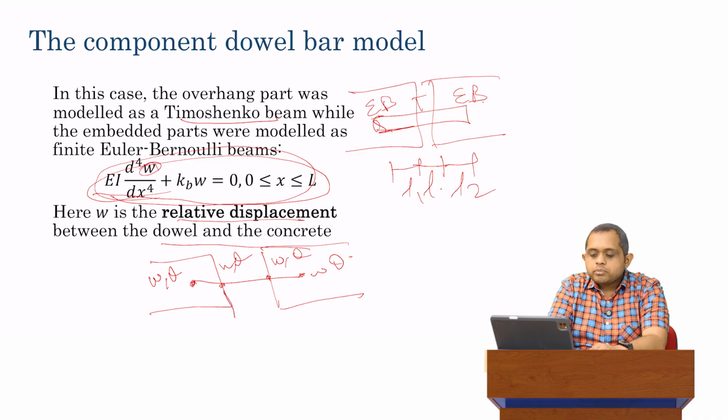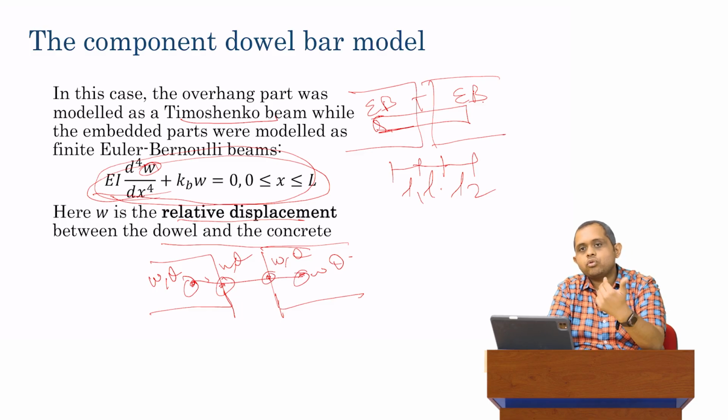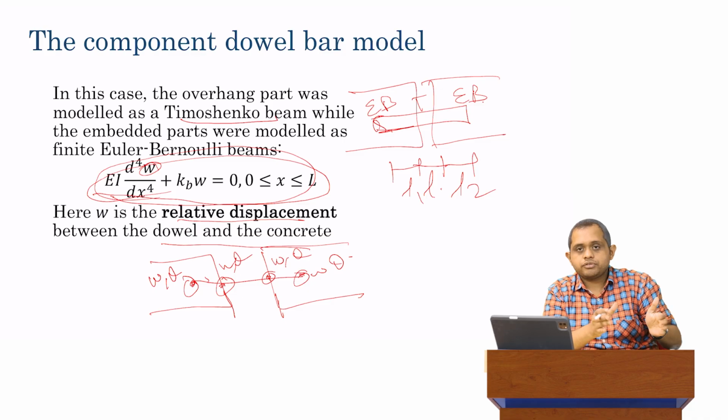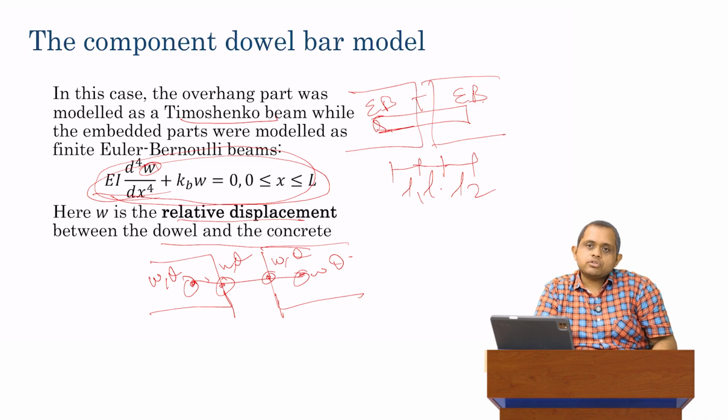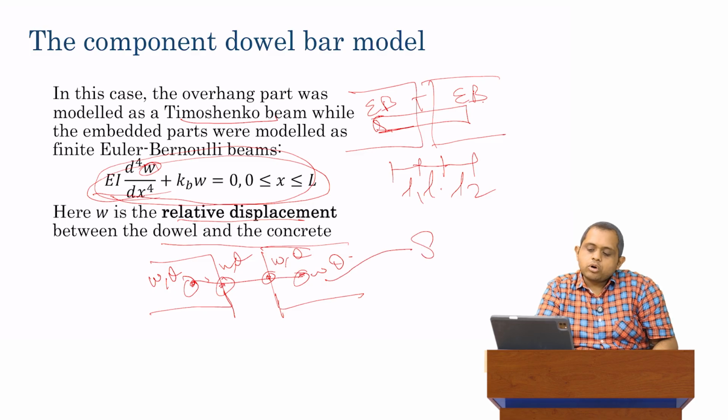So each part is a 4 by 4. Totally we have 4 nodes and each has 2 degrees of freedom, right? Because now it's the relative displacement, so that's why it's 2 degrees of freedom. So we have 4 nodes, each of these 4 nodes has 2 degrees of freedom, and therefore totally this bar can be modeled as an 8 degree of freedom system.